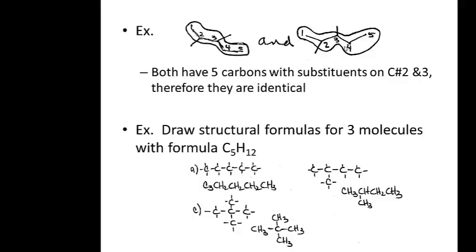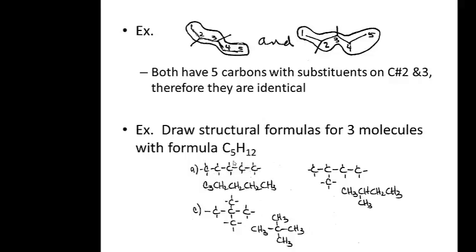This next example asks to draw structural formulas for 3 molecules with the formula C5H12. And this is pretty similar to what you did in the first chapter, only without any functional groups. So basically what I did here was I started out by taking 5 carbons and just running them in a row.